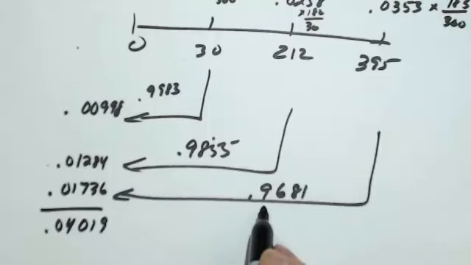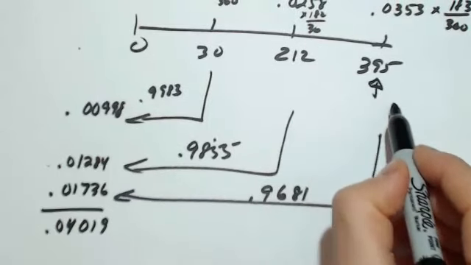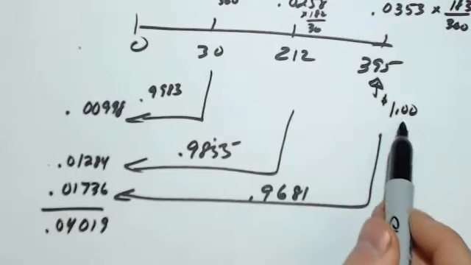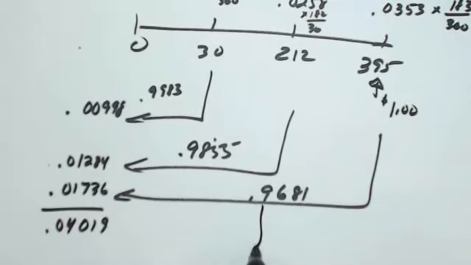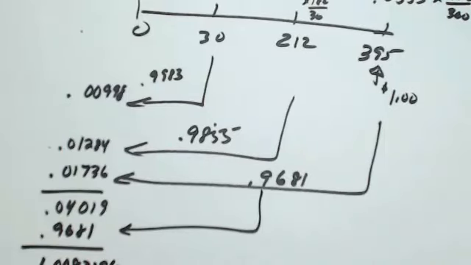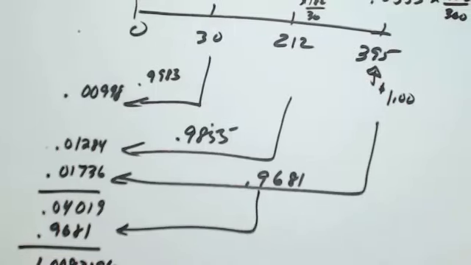Don't forget to add the present value of $1 that's received here, because when you buy a floater, you're going to get the principal back at the end. And the present value of that floater is that last discount rate. And so the value of the floater is worth almost $1.01, okay, per $1 notional value.